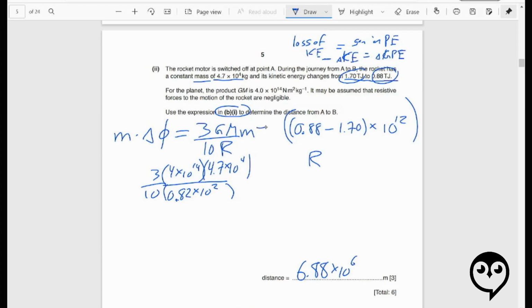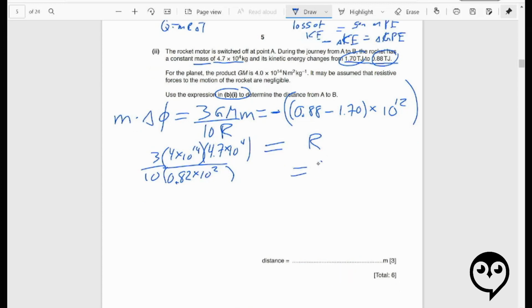If you have a negative loss, which is an implicitly negative value, we'll make it positive. You can't have negative 3 equaling 3. You can't have negative equaling positive, and so we put a negative out in front there. That's why I've got that as a positive number. But this whole thing is equal to R, isn't it? And I get 6.88 times 10 to the 6 meters.